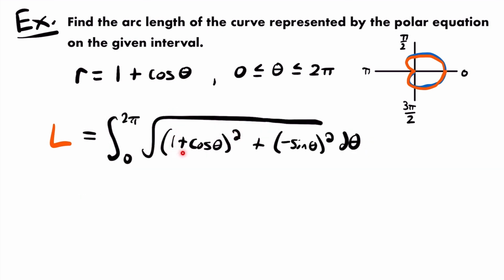All right, so if we square 1 plus cosine theta, we need to use that little trick. We'll square the first term, then add that to these two terms multiplied together times 2, and then add that to the last term squared.